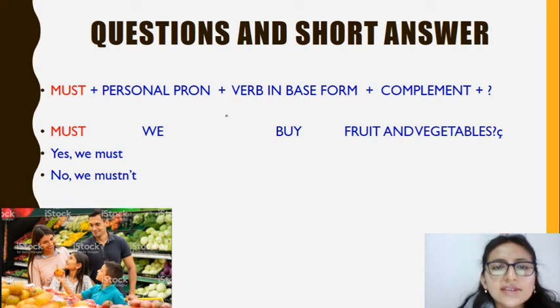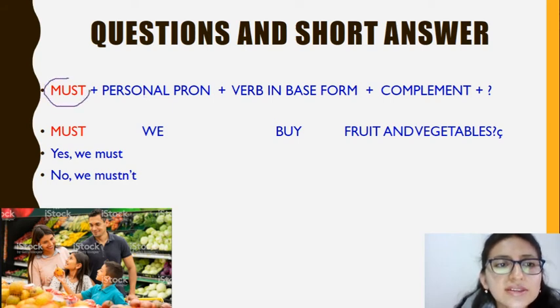And the last, the questions and short answers with the modal verb must. Remember, when you have to make questions in English, you have to write the modal verb or the auxiliary first. Cuando usted quiere hacer preguntas en inglés, usted tiene que poner en primer lugar, en este caso, el verbo modal, los auxiliares o cualquier otra estructura que se esté trabajando. ¿Por qué?